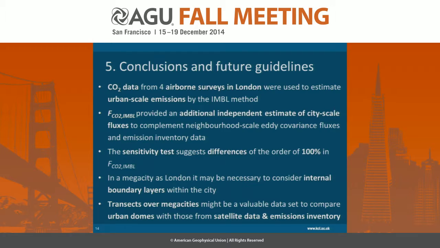And our sensitivity test suggests that the fluxes can differ by about 100%. And maybe in a megacity such as London, it might be necessary to consider internal boundary layers within the city, but then we will have the problem of scaling up to be representative of a larger scale.